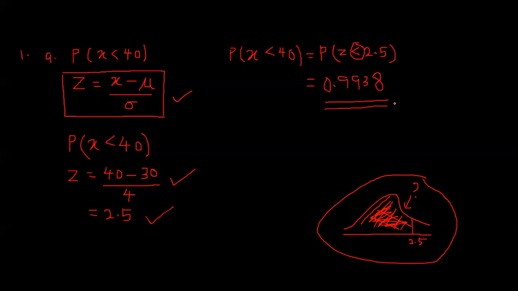And when you refer to the standard normal distribution table, what is the final answer or the final result that you will get. Okay, so let's proceed to the next question.